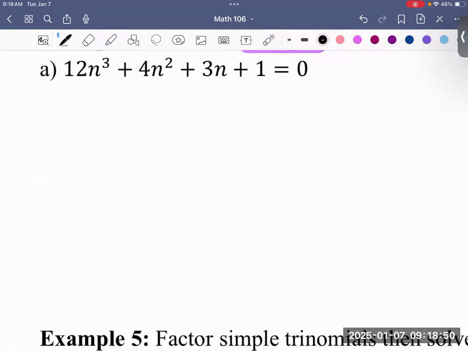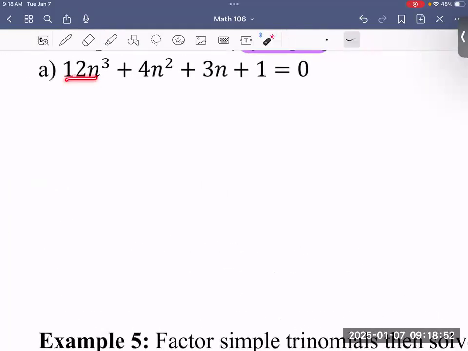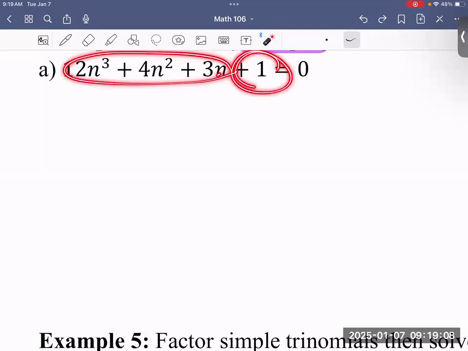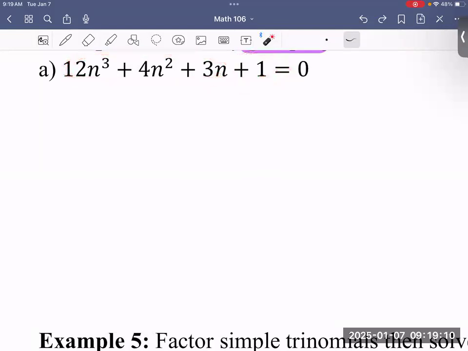So looking at A, we have 4 terms, 1, 2, 3, 4. Now, when we look for your GCF, do these have anything in common? Unfortunately, they don't. Yes, all 3 of these have an n, but notice that the 4th term doesn't. So we can't just pull out one n to start, because then you have a negative n, and that doesn't work.